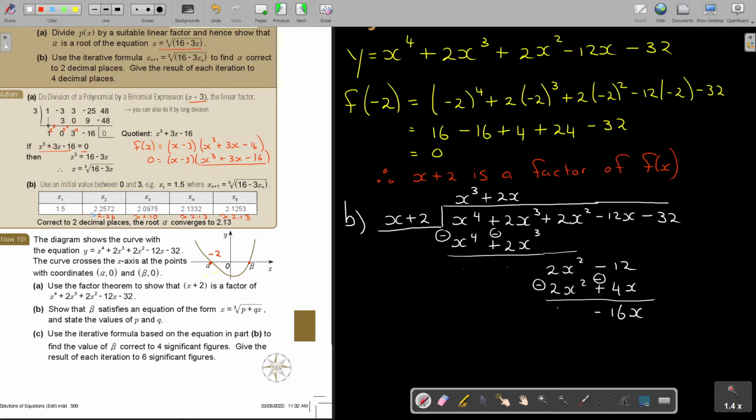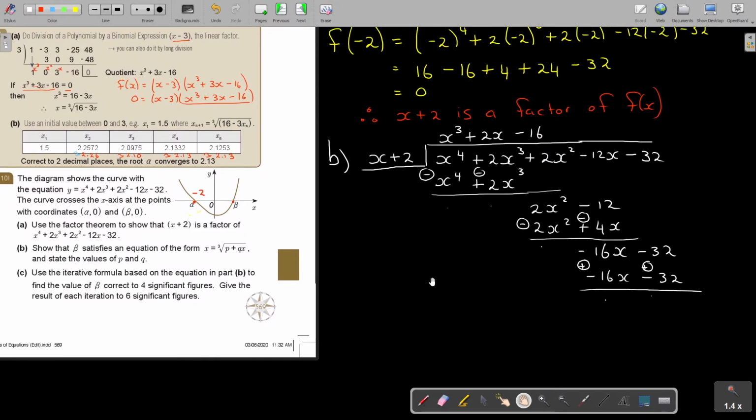I divide, I get negative 16. I multiply, I get negative 16x. Multiply negative 32. Bring down. And then this is a positive, this is a positive, nothing, nothing. Okay. Now, just remember, I just want to show you, this is my quotient.